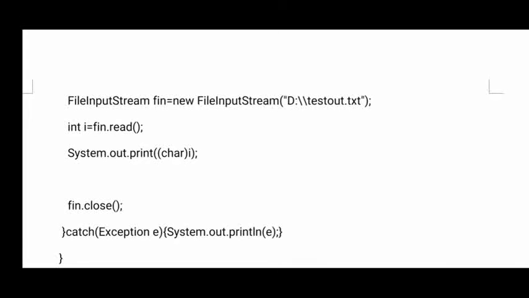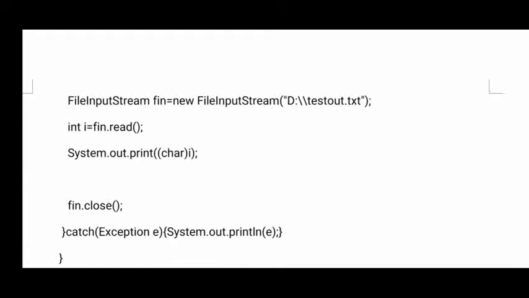So testout.txt is already there in fin. Now fin.read means, whenever you are writing any method, you should read from right to left. So read, what are we reading? fin. In fin, what do you have? testout.txt. So we are reading the testout.txt file content. Whatever content is there in testout.txt, that content we are reading.